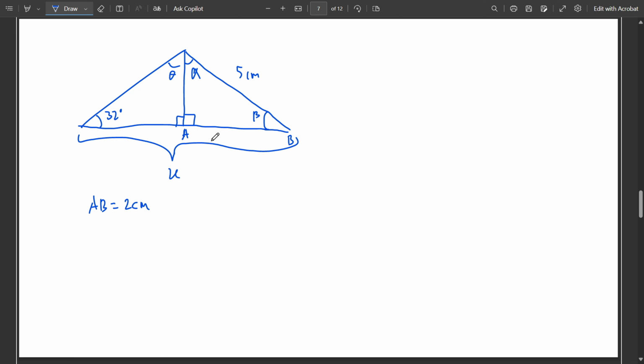And we want to find this also, the whole length here. This, let's call it C. So we need to find AC, and we need to find, of course, angle alpha, beta, and our angle theta.